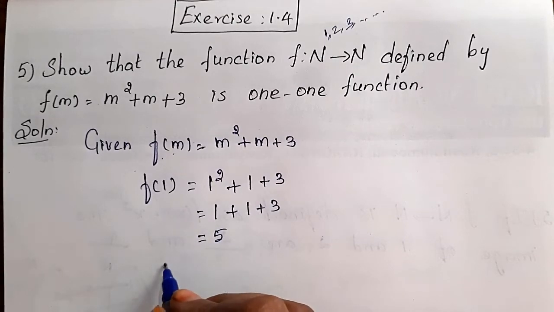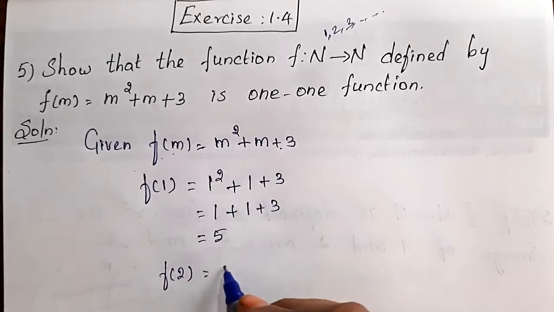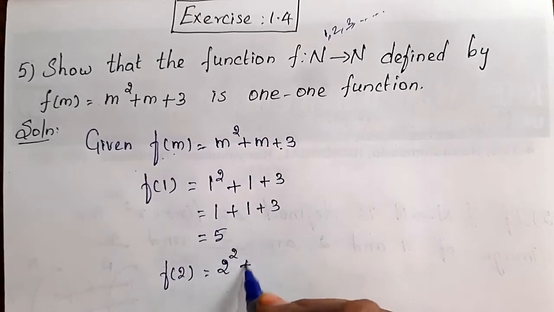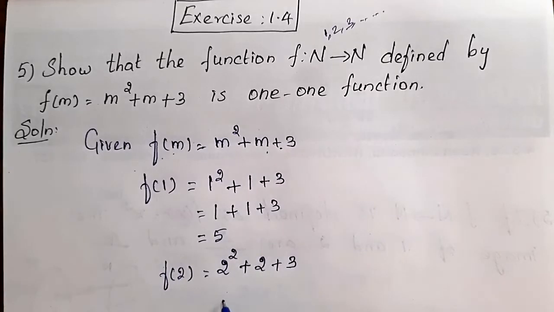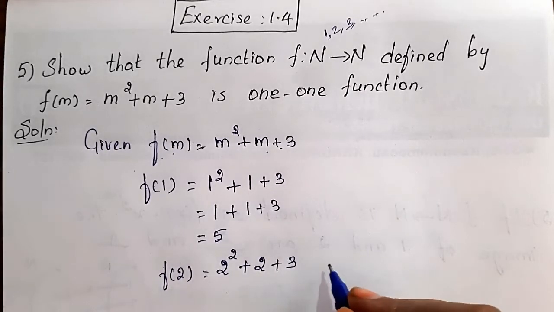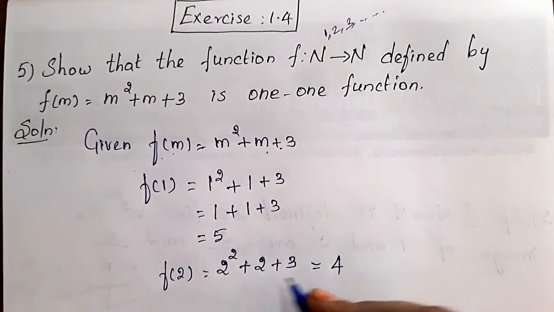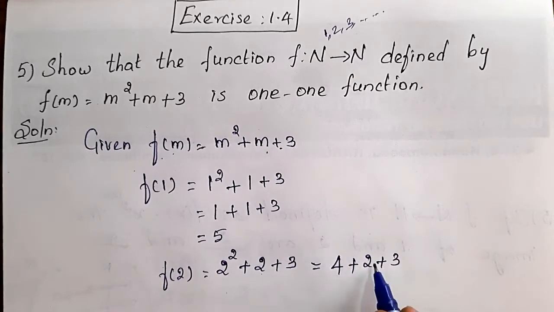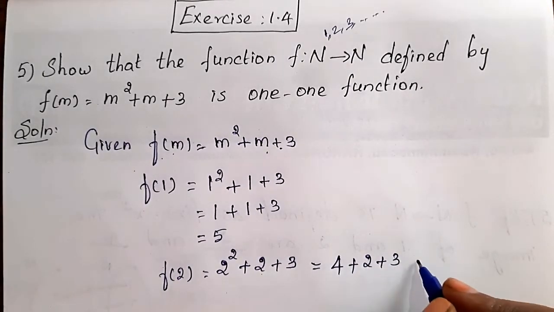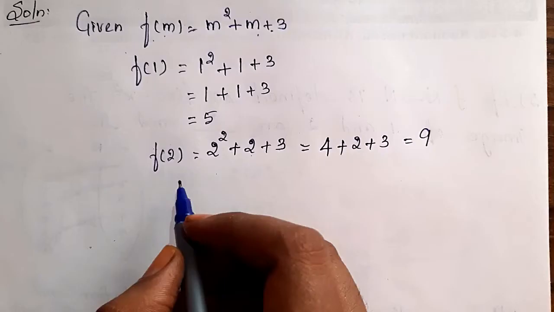Next f of 2. In place of m apply 2. So 2 square plus 2 plus 3. 2 square is 4, plus 2 plus 3. Adding, 4 plus 2 is 6, 6 plus 3 is 9. So 2 goes to 9.